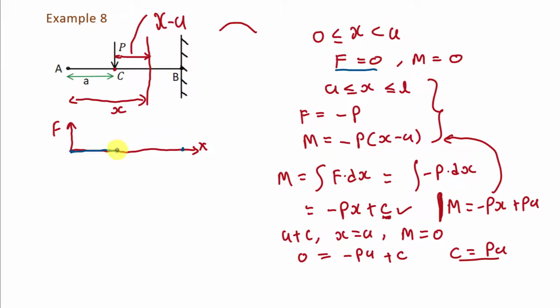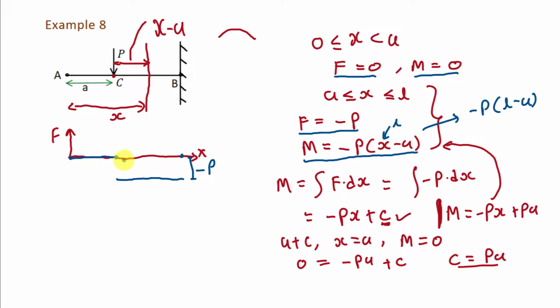Now in this interval, that is x between a and L, what is the value of shear force? In this interval, the value of shear force is F is equal to minus P. So here our shear force diagram will be like this, and this distance will be minus P. This horizontal line shows that shear force is constant throughout this interval. Now if you remember, I have told you in the topic of types of load that a point load gives a sudden effect on the shear force diagram, and a concentrated moment gives a sudden effect on the bending moment diagram.